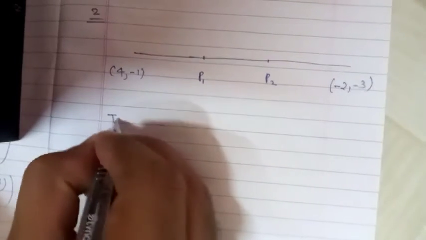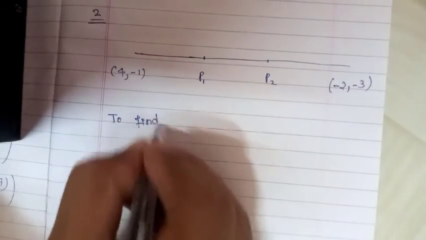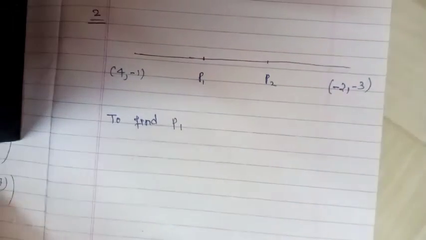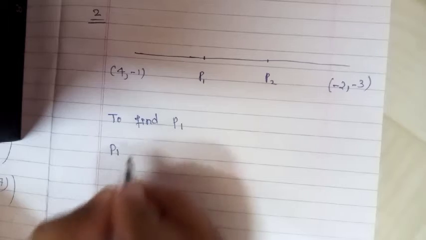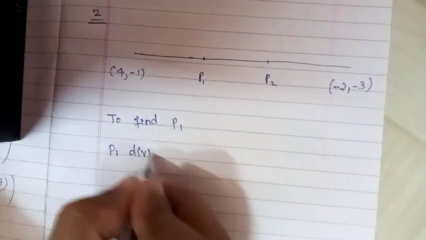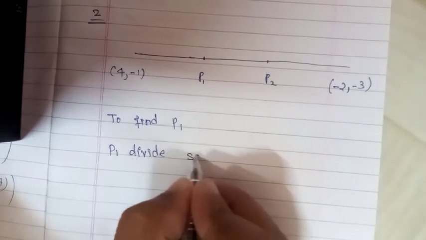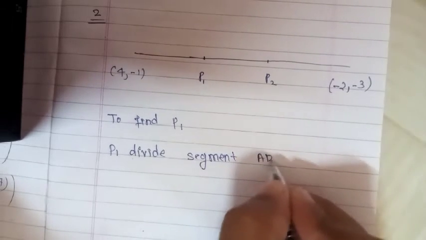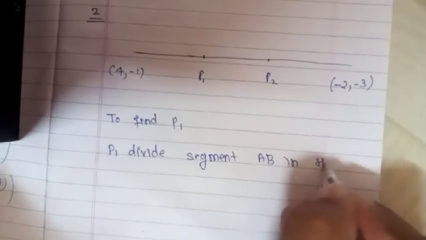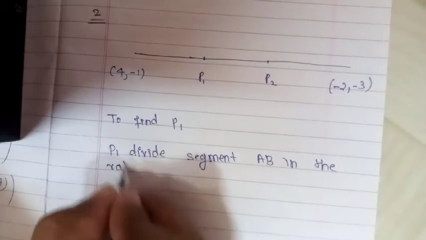Okay, so to find P1, you will write: P1 divides segment AB in the ratio.